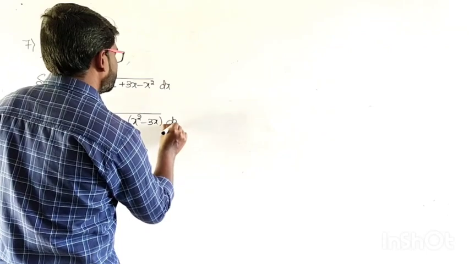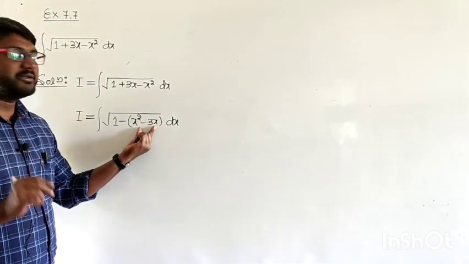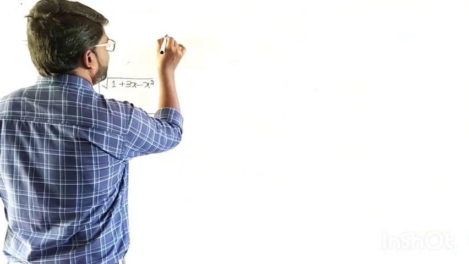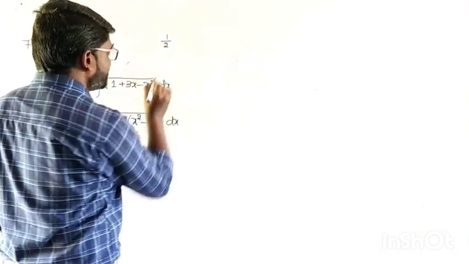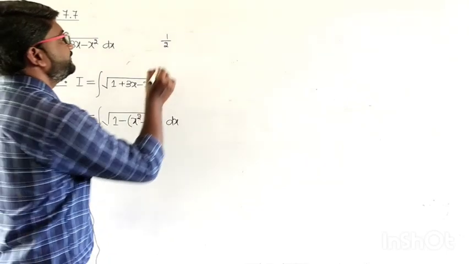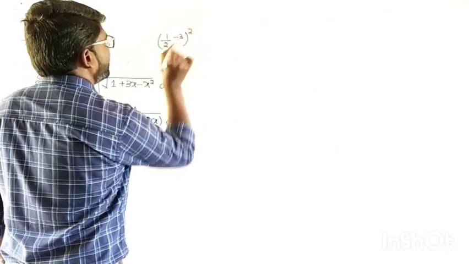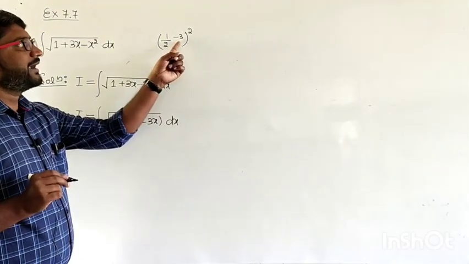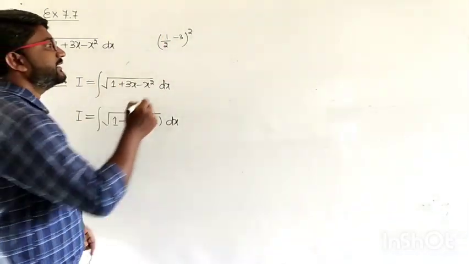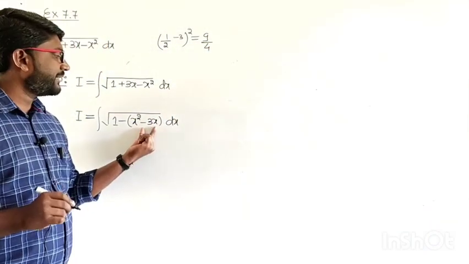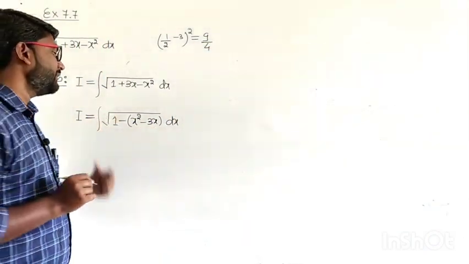For this term we need to add and subtract 1 by 2 into b the whole square. What is the value of b? It is minus 3. So overall it will be minus 3 by 2 the whole square, that is nothing but 9 by 4. So we have to add and subtract 9 by 4 to this particular term.